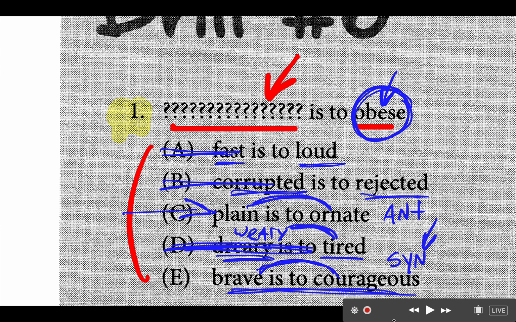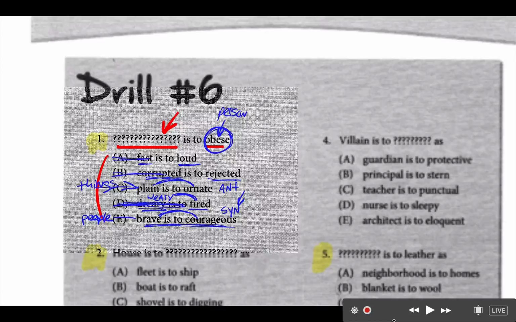Those would fit more for things, and brave and courageous would be people. And so since obese is going to be a person, most likely, then that's the better choice. So you're not going to be 100% sure that you have the right answer, but you can at least eliminate some bad choices. Okay, let's look at another one.